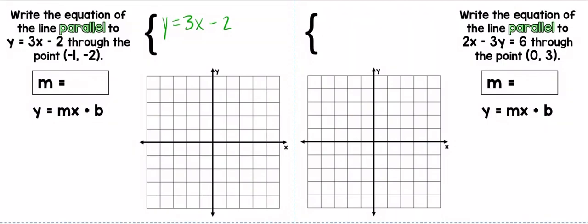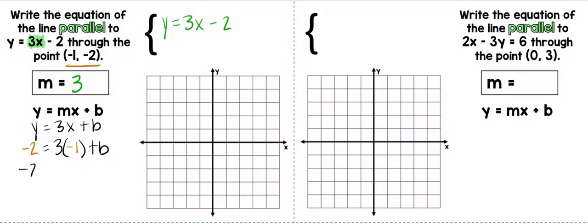My slope for the first equation is 3, and since they're parallel, the slope for the second equation is also going to be 3. So now my equation is y equals 3x plus b. Now I'm going to use my ordered pair, negative 1, negative 2. So negative 2 equals 3 times negative 1 plus b.